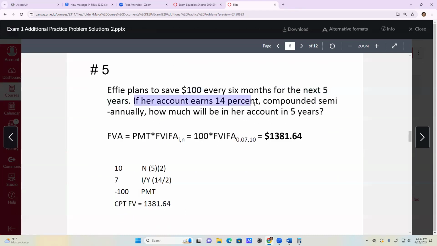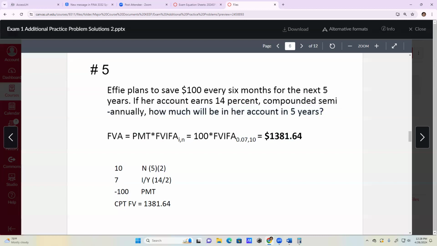If her account earned 14% compounded semi-annually, yeah, so you guys see right here, it explicitly tells you semi-annually, at 2. How much will be in her account in 5 years? All right, so what do you guys think? Whenever it's semi-annually, you have to watch out for what you have to consider, right?